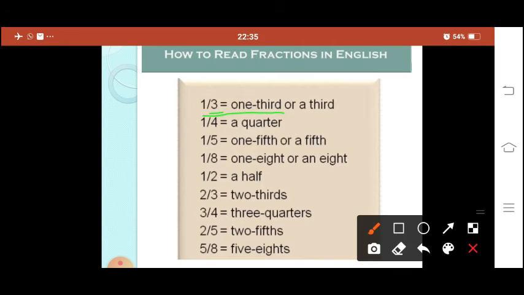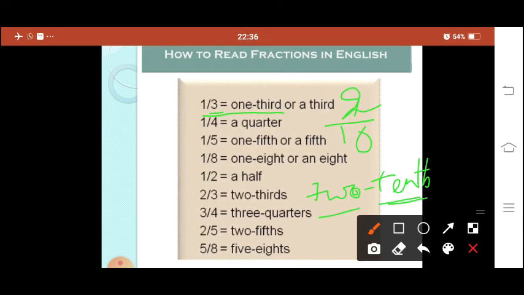For 8 the ordinal will be 8th. For 15 the ordinal will be 15th. If I write 2 by 10, what will be the number name? It will be two tenths. That means 2, the numerator, is the exact number name, and the denominator is the ordinal name.